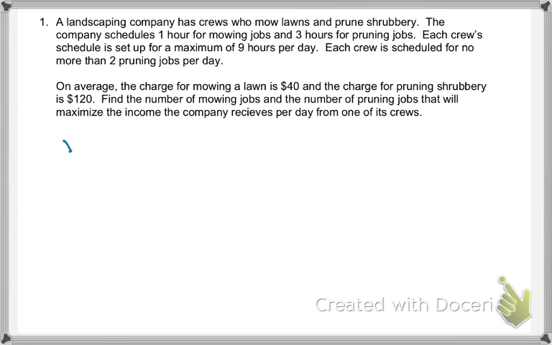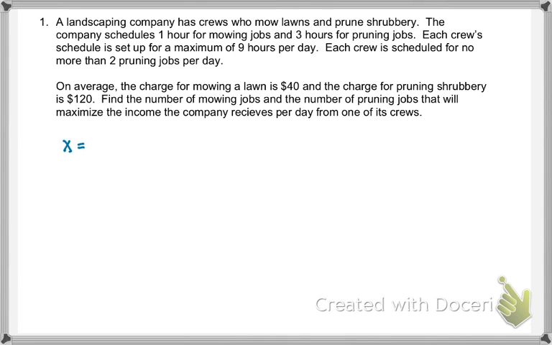So in this case, it's asking you to find the number of mowing jobs and the number of pruning jobs that will maximize the income. So how many mowing jobs should we do, and how many pruning jobs should we do in order to gain the most income for the company.